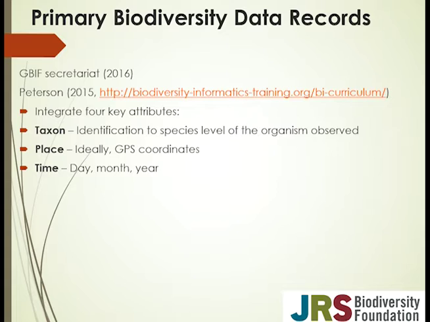Anyway, it should be an updated scientific name. And when the taxon is identified to species level, then it is quite interesting. Otherwise, genus or family level identification is better than nothing.